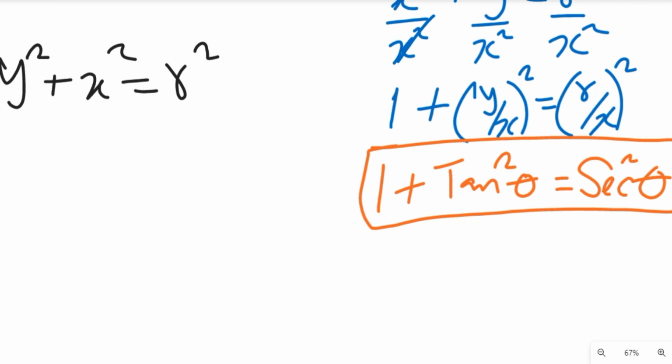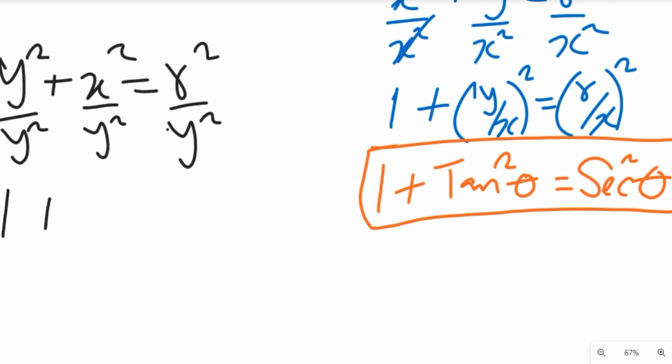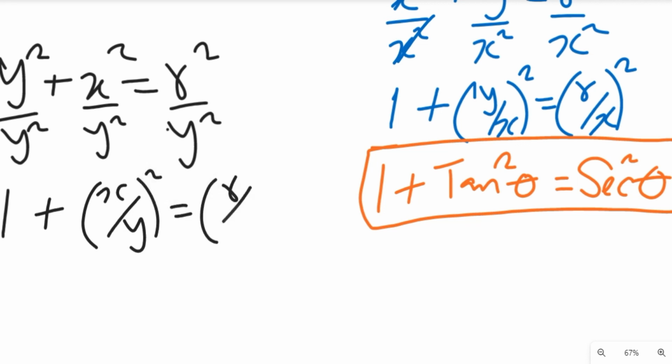This time around, we are going to divide through by y square. So we'll have y square divided by y square, x square divided by y square, and r square divided by y square. This part will give us 1 plus this other part will give us x divided by y all squared, and this other part will give us r divided by y all squared.